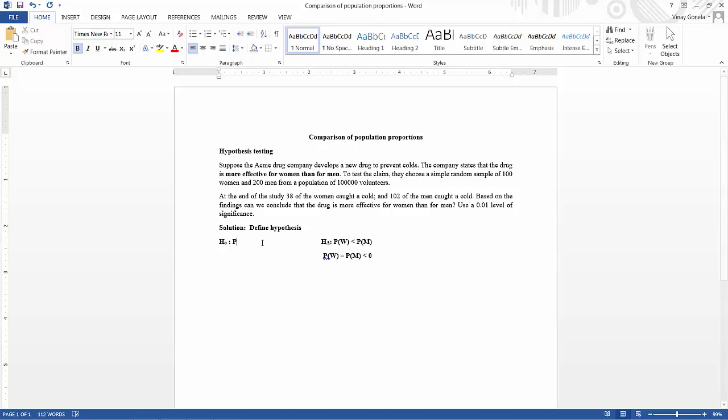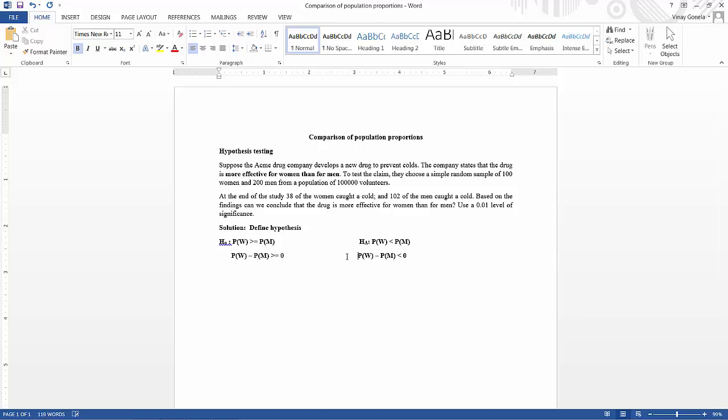The proportion of women having cold should be greater than or equal to the proportion of men having cold. Again, as a difference: the proportion of women having cold minus the proportion of men having cold should be greater than or equal to 0.